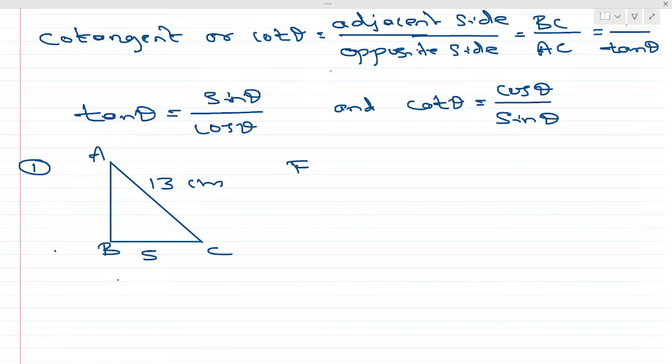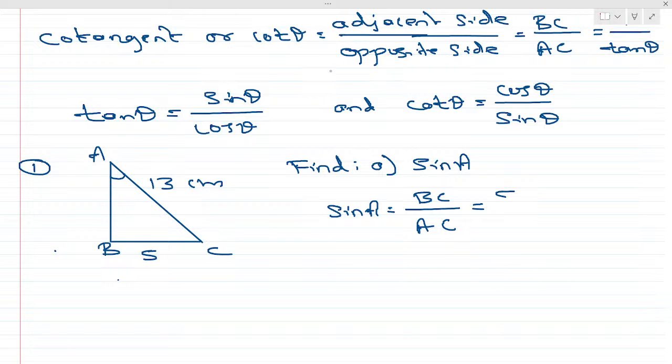So find sin A. Sin A means I have to verify from this side. The opposite will be BC. So to find sin A, it's BC over AC, which means it is 5 by 13.